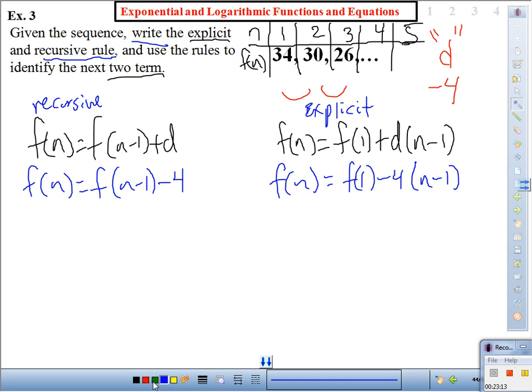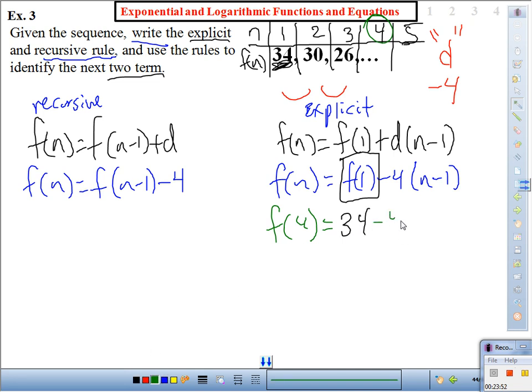So I'm going to substitute my first term, which is 4. So I'm going to do f of 4 equals. However, what is our first term? First term is 34. Bring everything else down.